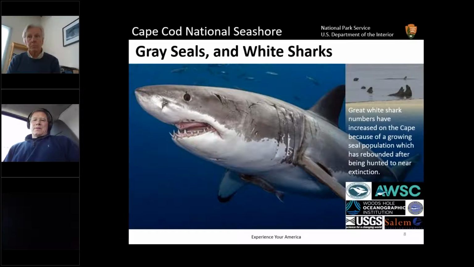And I mentioned this, no talk on Cape Cod would be complete without talking about the white sharks a little bit. They've started to reestablish themselves within their historic native range, and a lot of monitoring goes on, and a lot of collaborative effort for public safety is occurring continuously around white sharks and gray seals. You can see the logos of a few of the organizations that we collaborate with continuously on white sharks and gray seals.